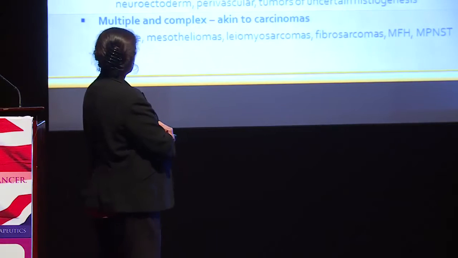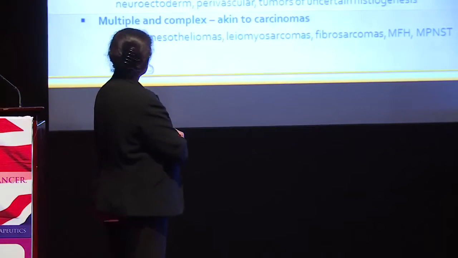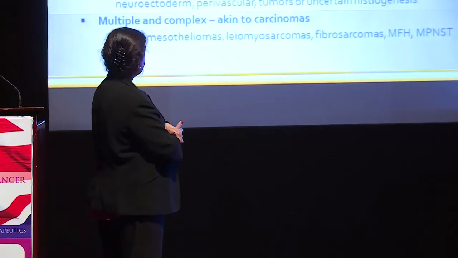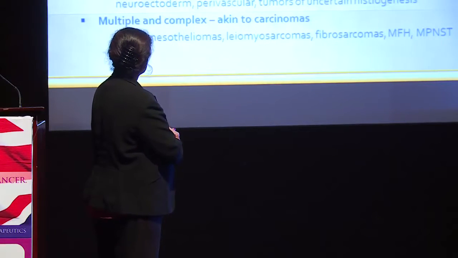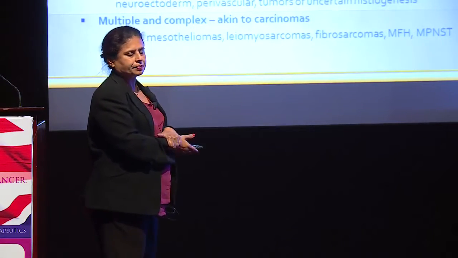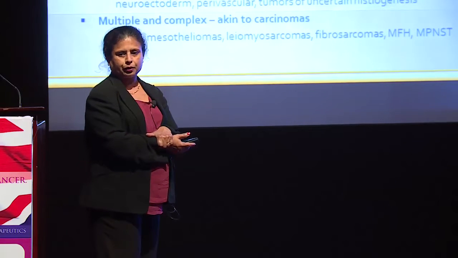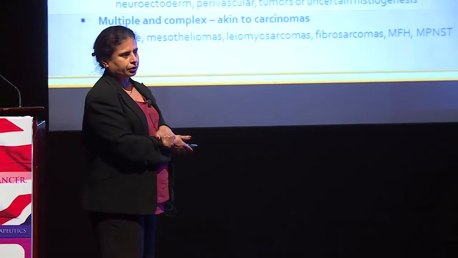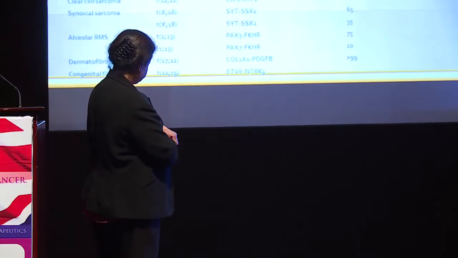Coming to the solid tumors, the mesenchymal tumors are a heterogeneous group. And what is really interesting about this group of tumors is that they have very specific chromosomal abnormalities, very specific translocations that are akin to the leukemias and lymphomas.